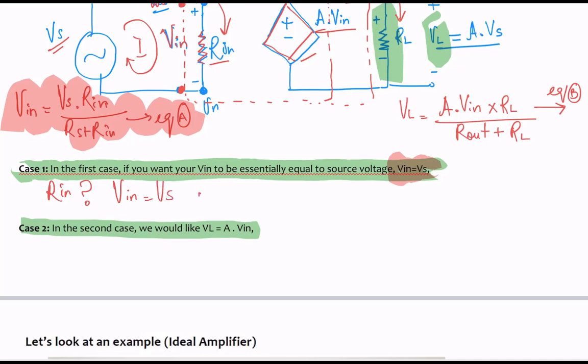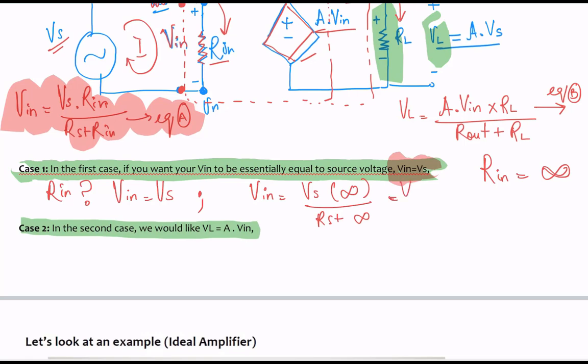The answer is if I have my input resistance to be extremely high, say, infinity. Obviously, ideally we want it to be infinity, but in practice, it's going to be some huge number in, say, giga ohms or tera ohms. So if I put infinity in this equation A over here, what do I get? Well, Vn equals Vs times infinity, over Rs plus infinity, correct?